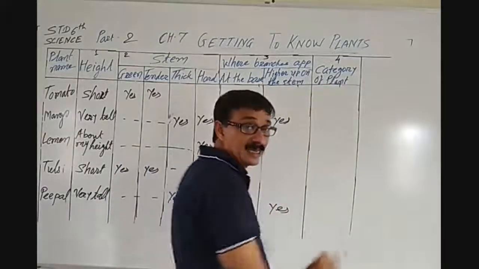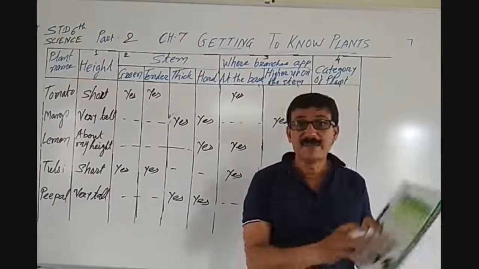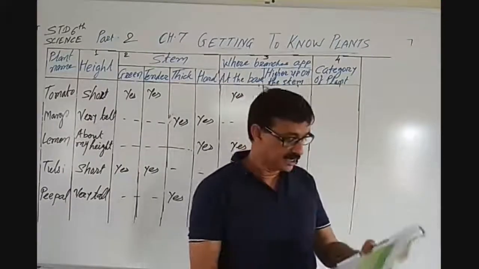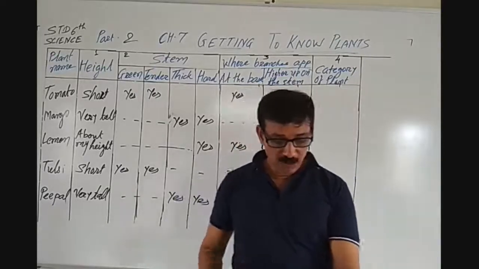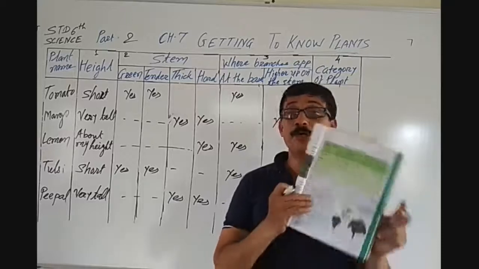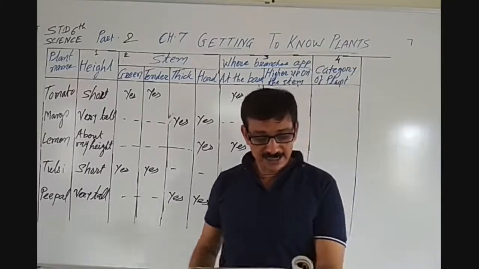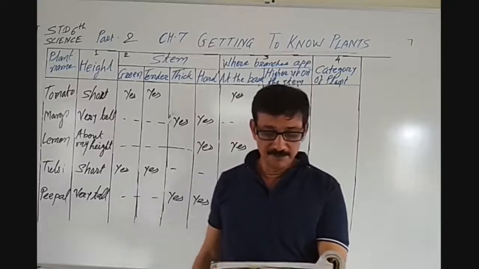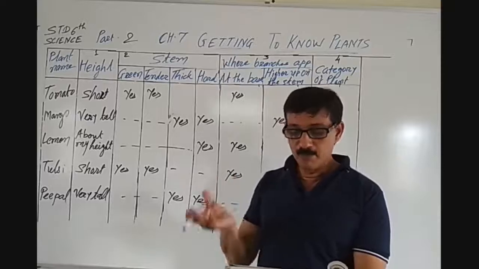Now we will categorize all the plants. Before that, let me read this one so that you can understand. We will now group all the plants we observed in 7.1 here. Some examples are shown. You can fill columns 1, 2, 3 for many more plants.